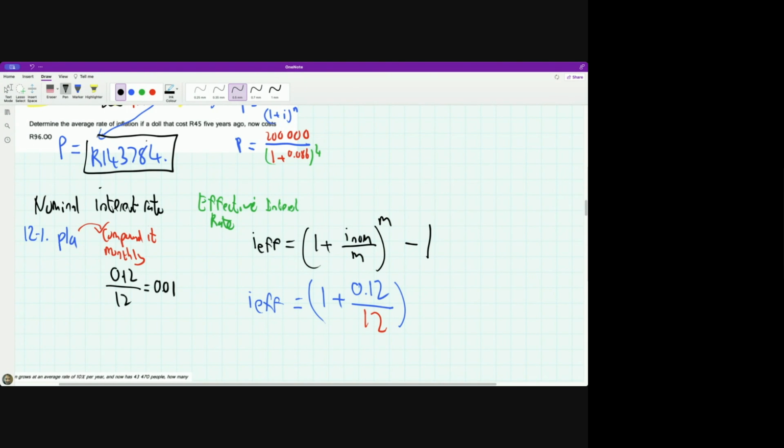So the number of time periods is going to be 12 over here. Then I'm going to go minus 1. I'm just checking that I wrote this formula down correctly, but I know that it will work out. What are you getting as the decimal if you put that into your calculator?